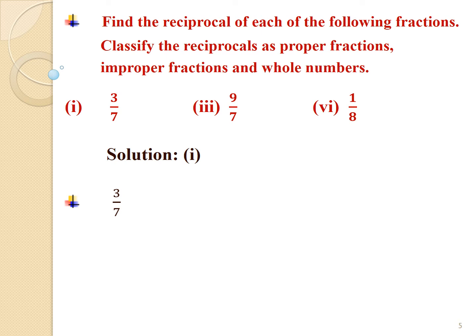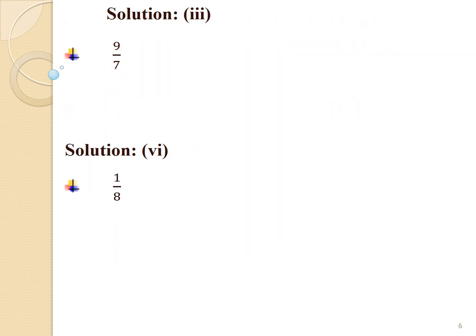Sum number 1, 3 upon 7. The reciprocal of 3 upon 7 is 7 upon 3, where 7 upon 3 is improper fraction. Now, let us solve sum number 3, 9 upon 7. The reciprocal of 9 upon 7 is 7 upon 9, where 7 upon 9 is proper fraction.